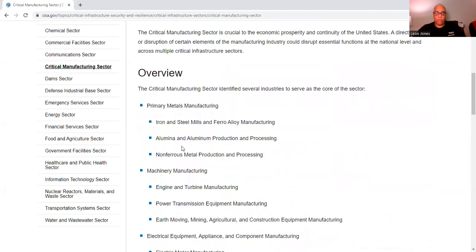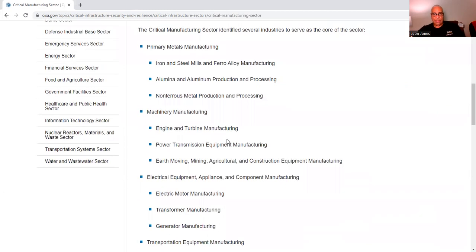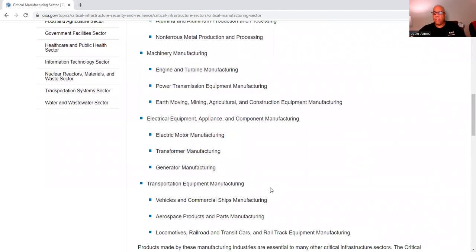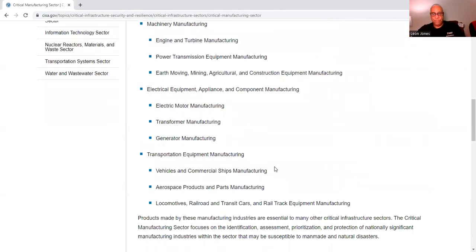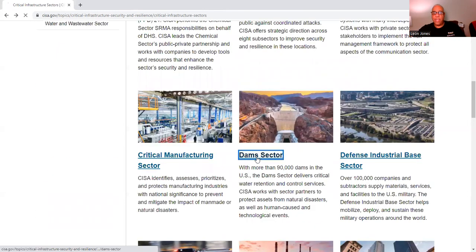What about your manufacturing sector? Well, this is a sector that you manufacture products using metals like iron and ore steel mills, aluminum production, non-ferrous material production, machinery manufacturing. You also have your electrical equipment, your transportation equipment, your dam sector.